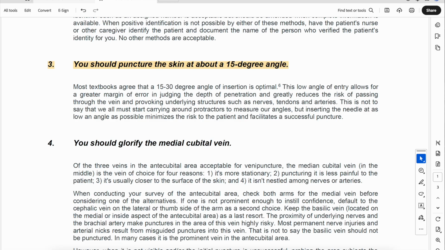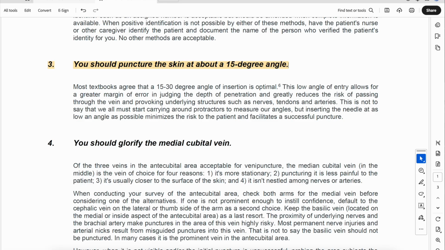Rule number 3. You should puncture the skin at about a 15-degree angle. The angle of needle insertion is crucial for successful venipuncture. Most textbooks recommend 15 to 30 degrees, but I want you to aim for the lower end of this range, approximately 15 degrees.